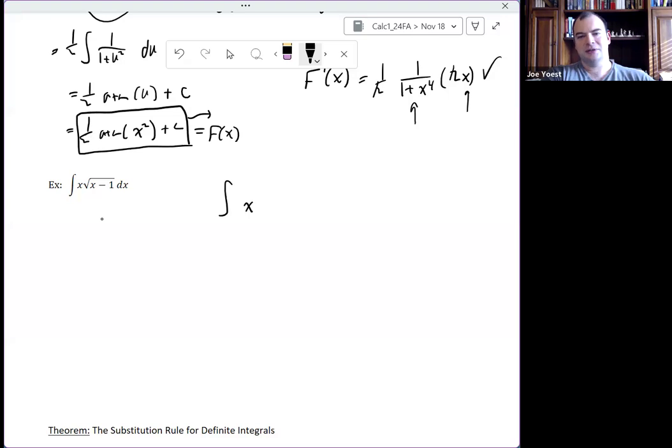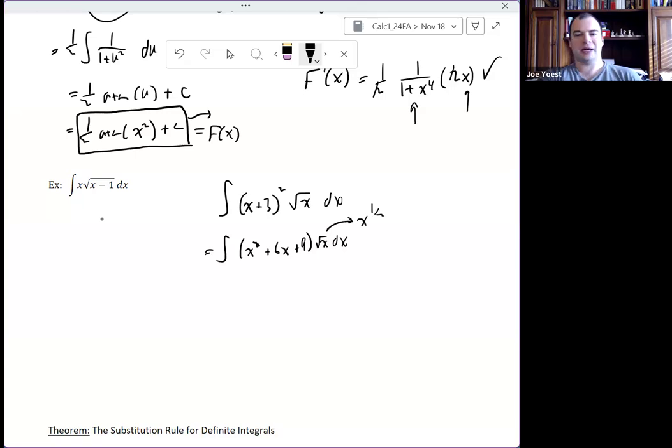And in particular, if I had, say, like, x plus 3 squared times square root of x dx, this is actually just as easy as the last one I wrote down. Maybe I end up with, whatever it is, square root x squared plus 6x plus 9 times square root of x dx. This might look bad, but remember, square root of x is just x to the 1/2 power. It just combines with the others, right?